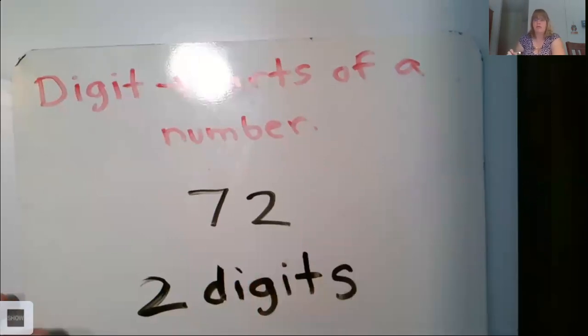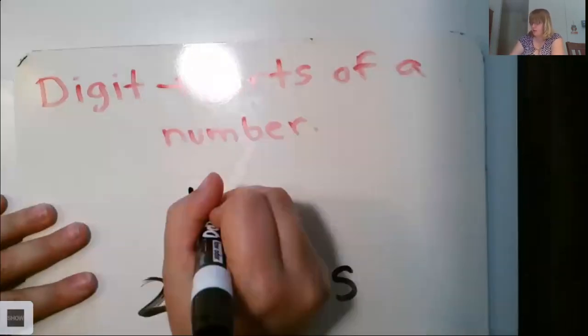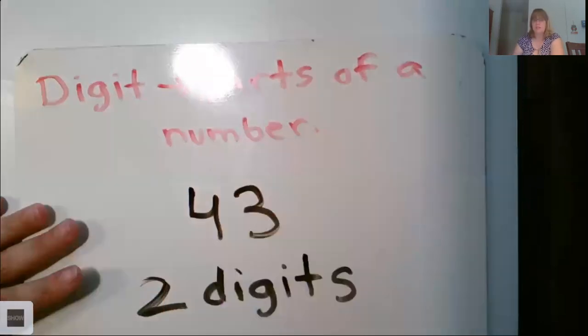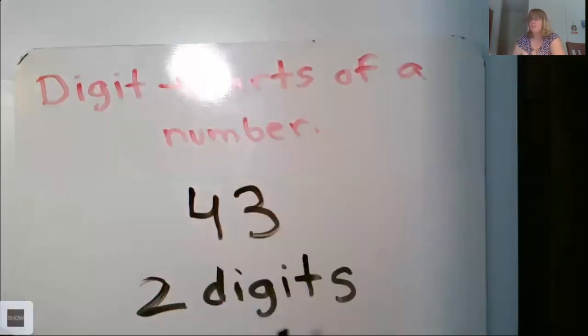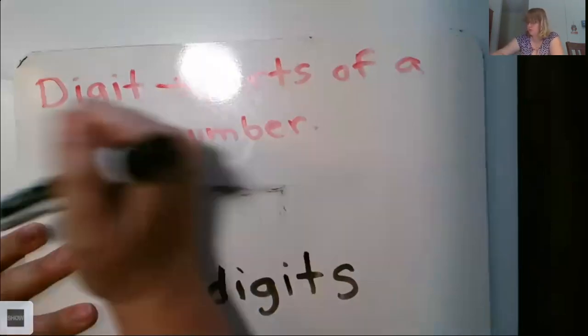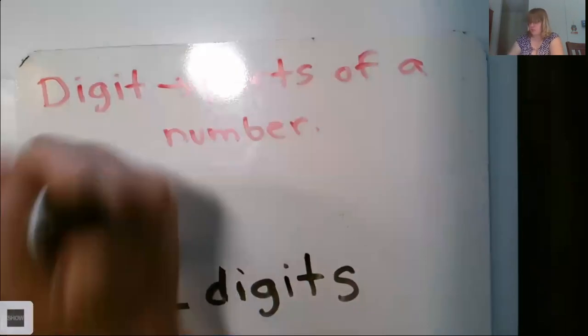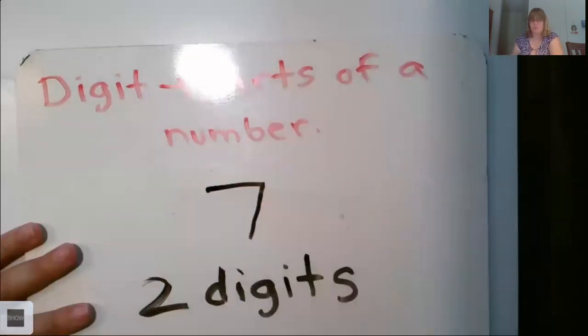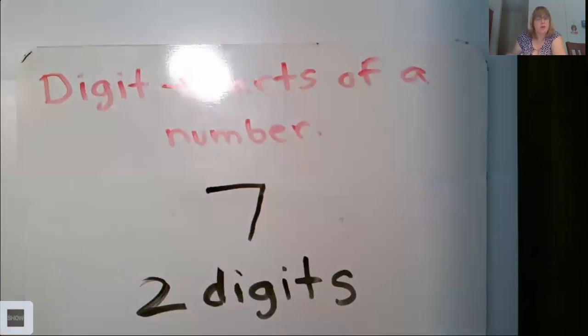And we can do that for tons of numbers. And some of them are always going to have the same number of digits. If I change this to 43, it's a different number, but it's still made up of 2 parts, 2 digits. Now, if I change it to a 7, this number doesn't have 2 parts anymore.